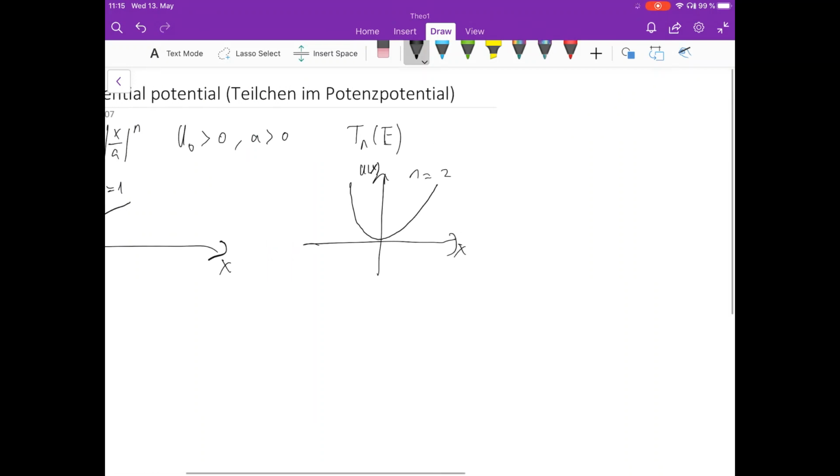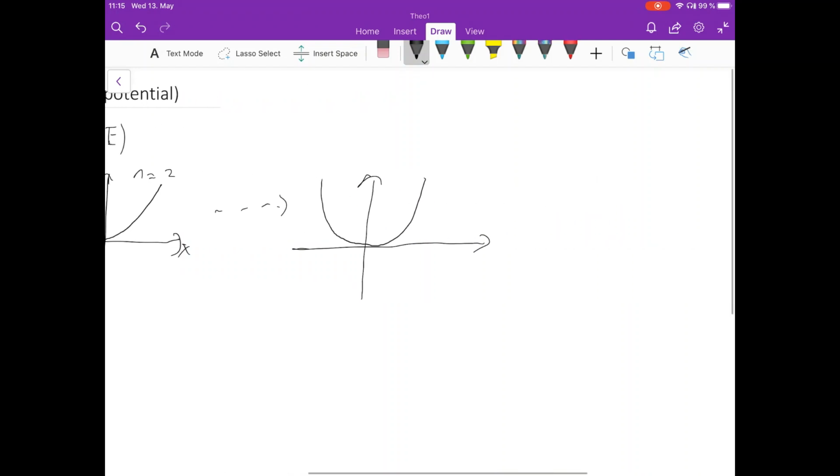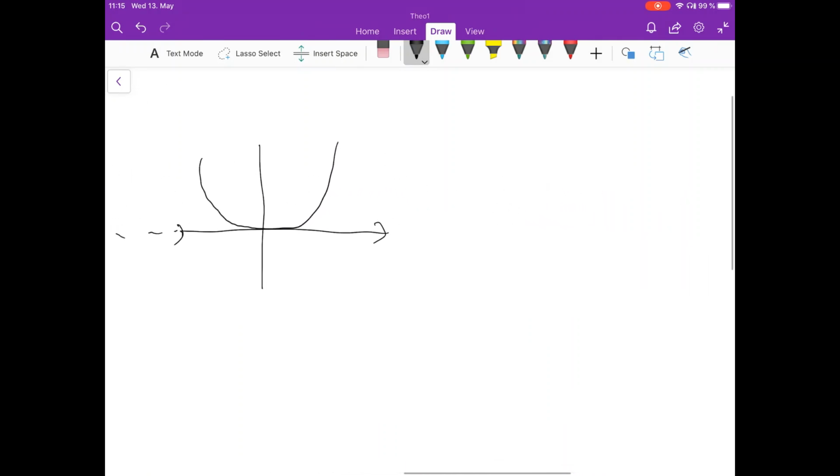And for n getting bigger and bigger, all it does is flatten around 0. So the function is going to flatten around 0. So maybe like this, and then something like this maybe. Yeah, flatter. And by infinity, for n equal positive infinity, and let me write it down, it's going to be something like a box.